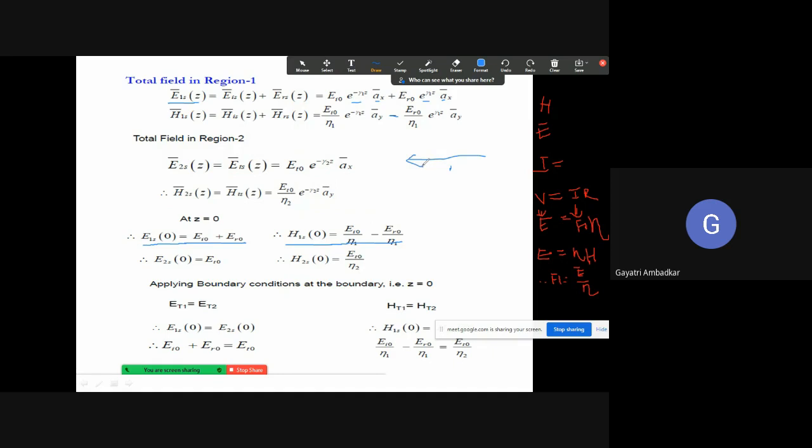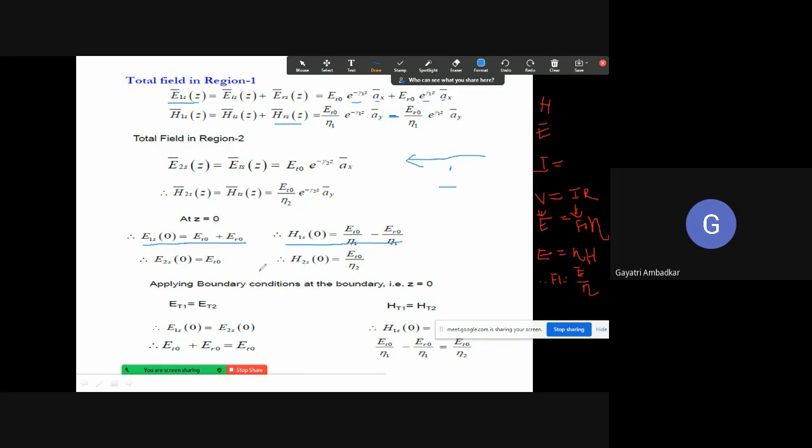When we derive the impedance equation for the characteristic impedance in a transmission line, you will find that for the reflected part you get a minus sign. So remember that for the reflected component you have a minus sign, and therefore this minus sign appears here.